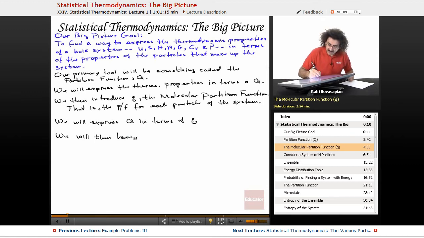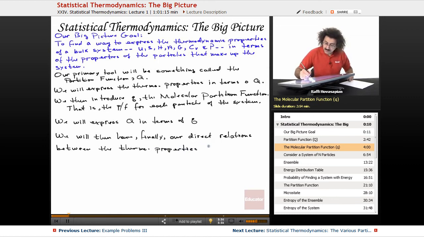We will then have, finally, our direct relations between the thermodynamic properties of the system and the particles that make up the system.